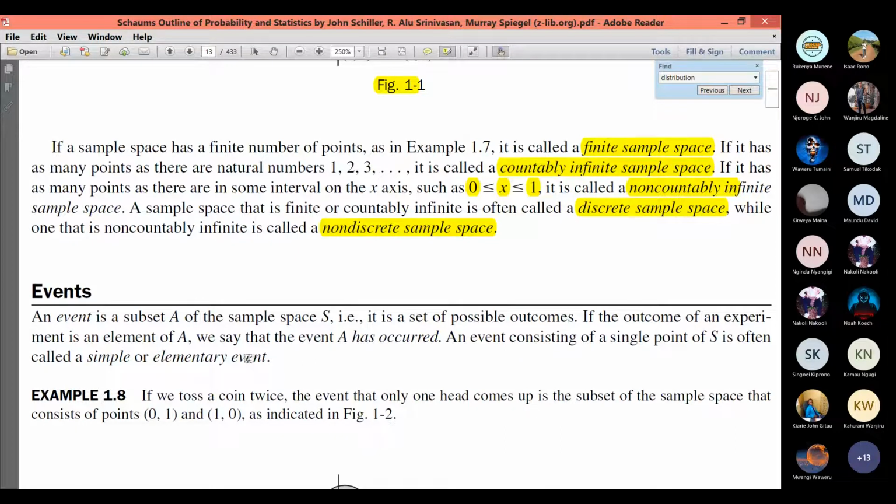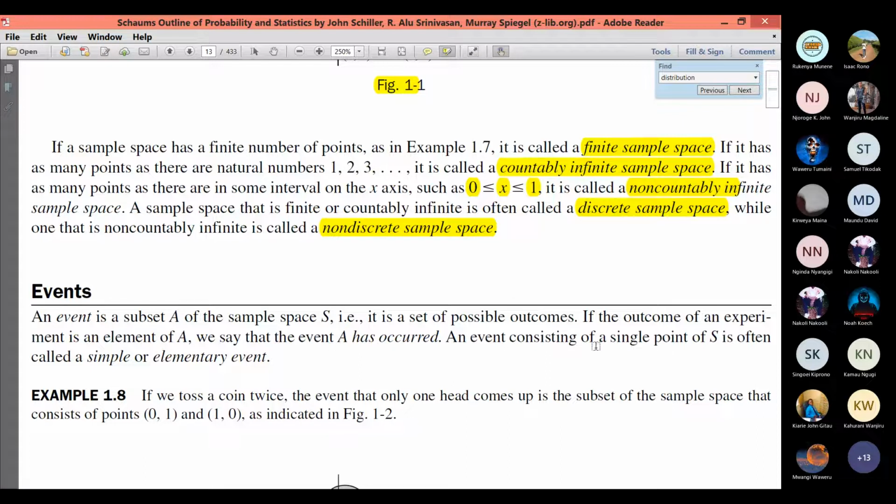You shouldn't be surprised if one of these days an egg drops and it refuses to break. So you might be looking for an event that when I drop this egg, it lands without breaking. So you see that landing without breaking is one of the possible outcomes, but you're just focusing on it. So that's an event.